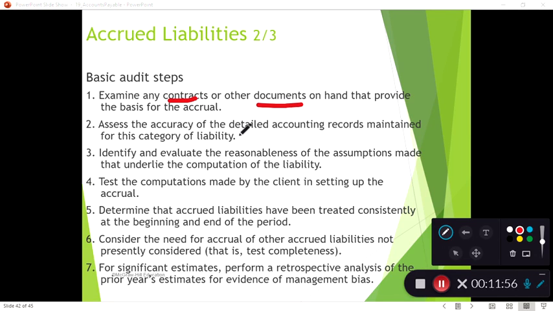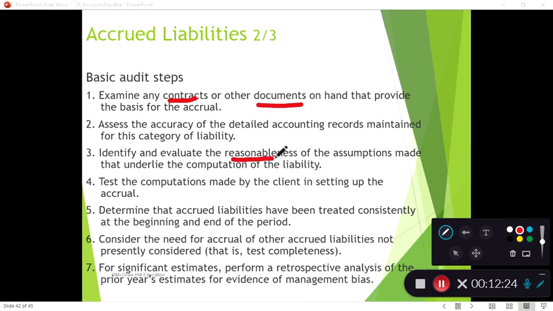But then at the end of the year, they would predict what they thought they incurred for this last month that they hadn't received a bill for, and they would go ahead and accrue it, right? And so you examine whatever documentation they had to come up with that amount, and then look at the accuracy, to see if there are any issues with the records for that liability.